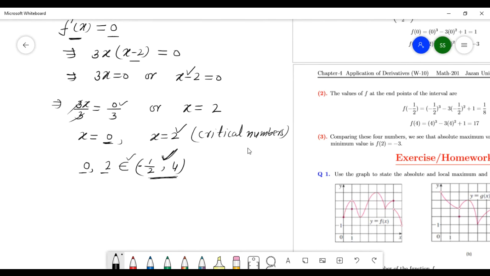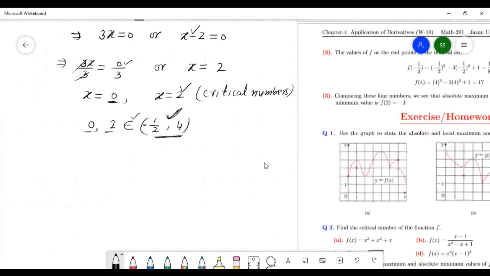And find the function values. Here the interval starts at minus 1/2, so find f of minus 1/2. Then take the other endpoint, f of 4, and find it.